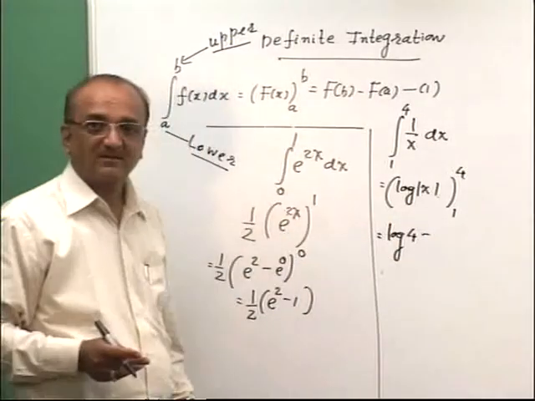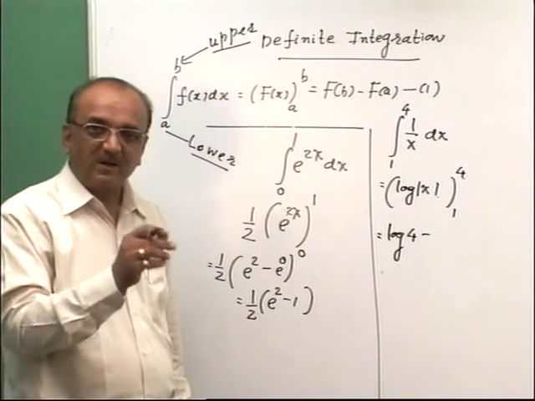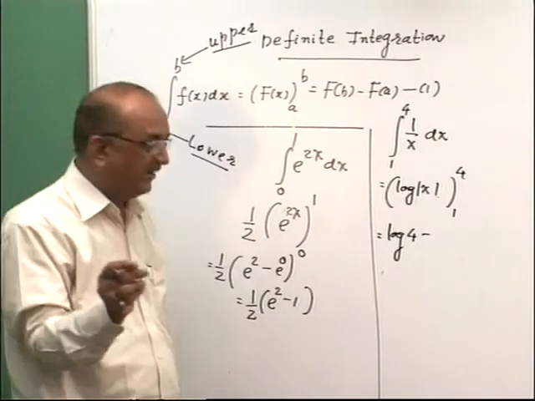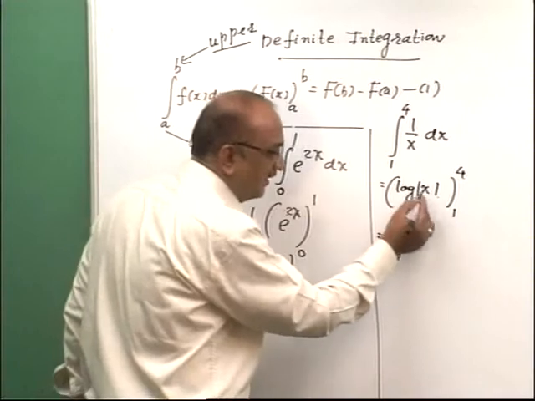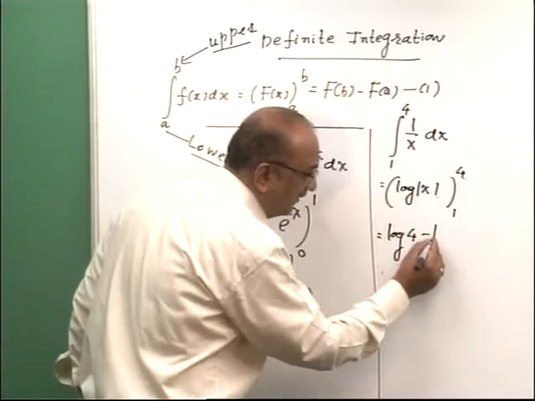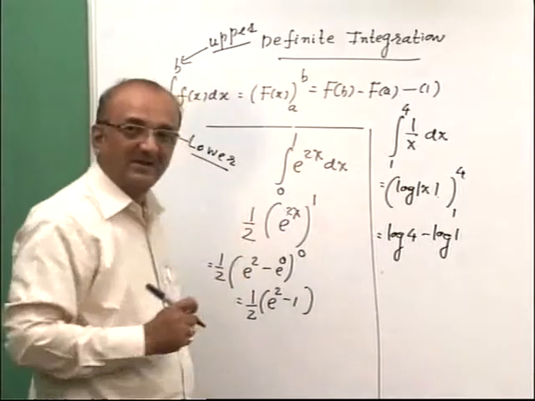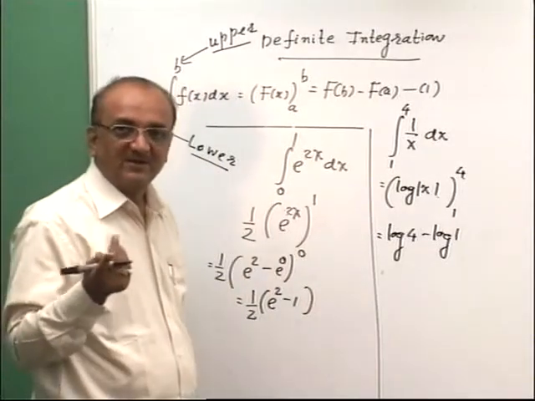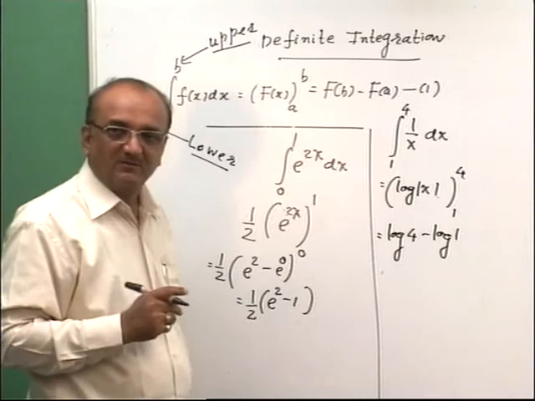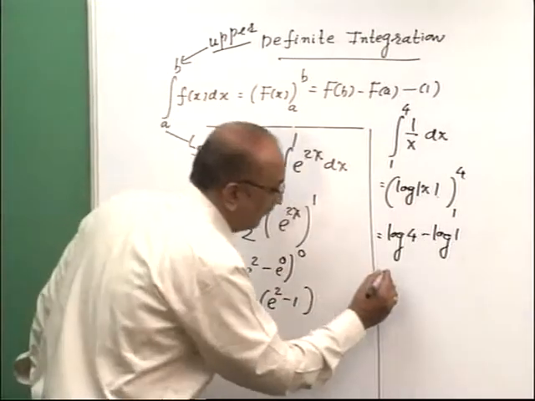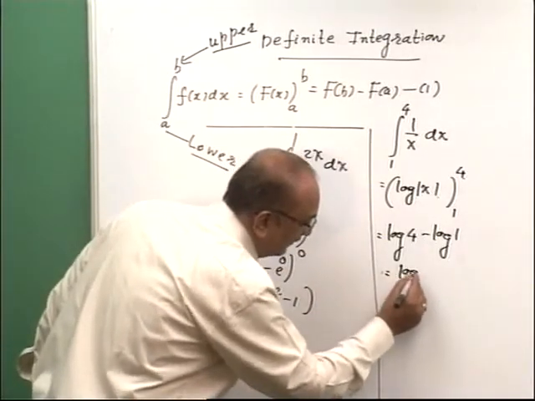Minus f of upper minus f of lower, you may substitute 1. Log modulus 1 is log 1. Clear? What is log 1? 0. Chapter number 2, logarithm. Log 4 minus 0 is log 4.